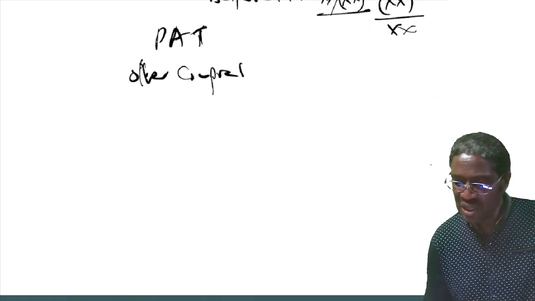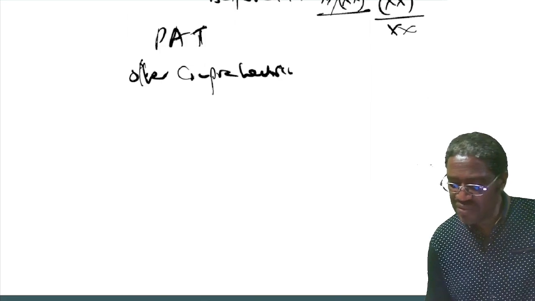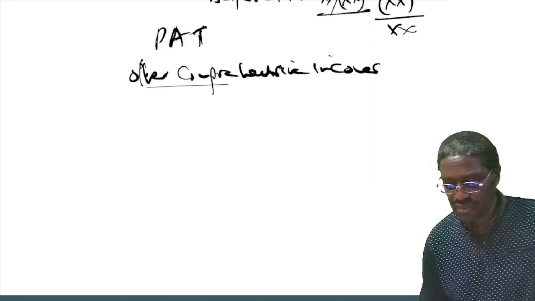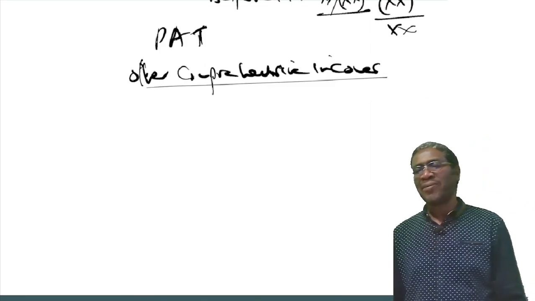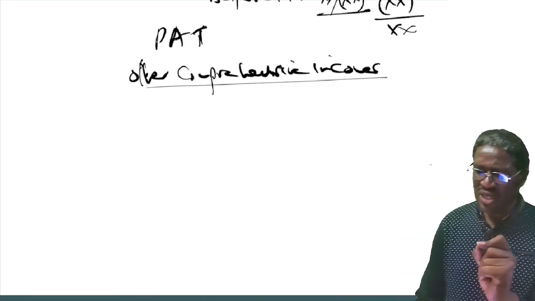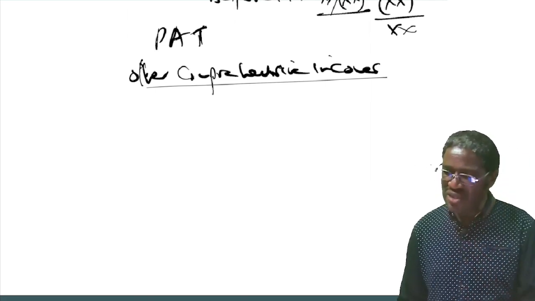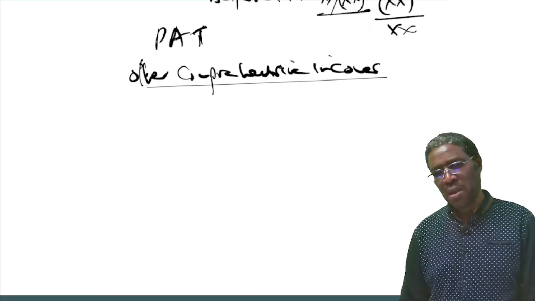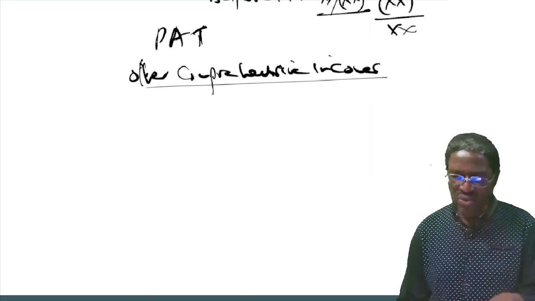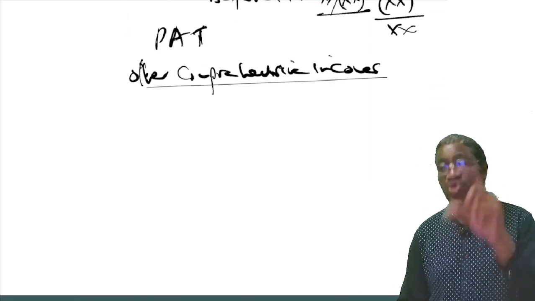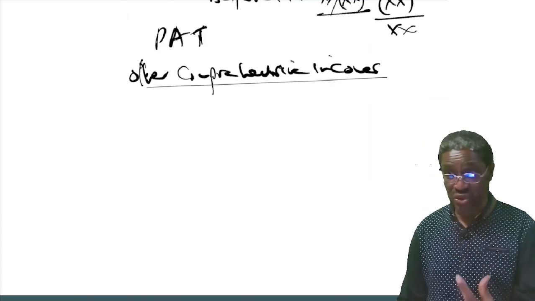comprehensive income. Other comprehensive incomes. Listen. These are gains that your company could have made, but the rules of accounting don't allow you to take them to the profit or loss.